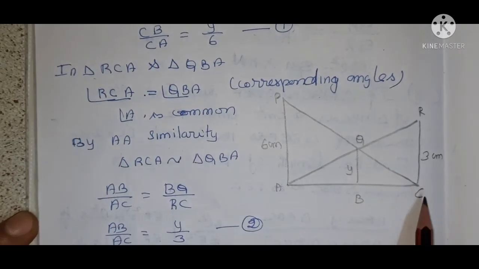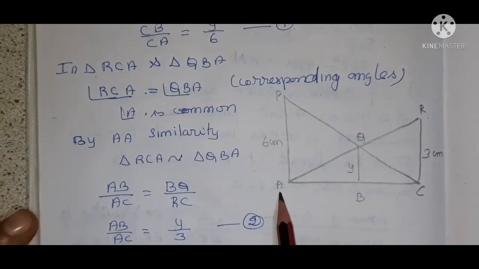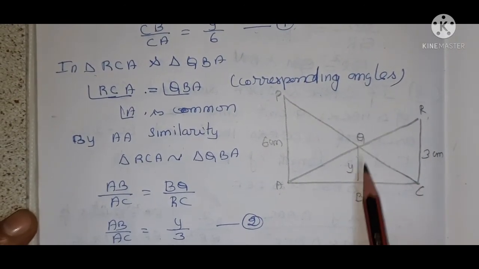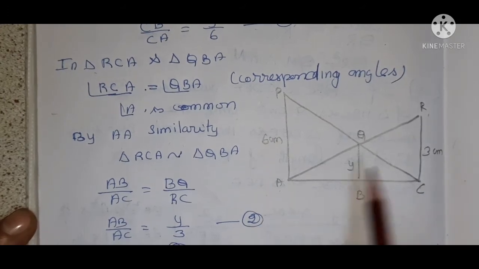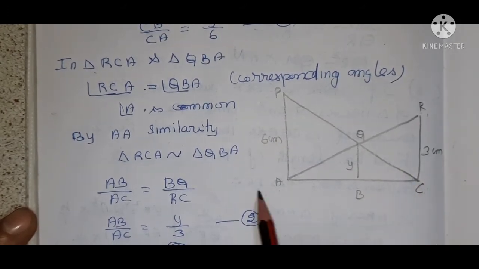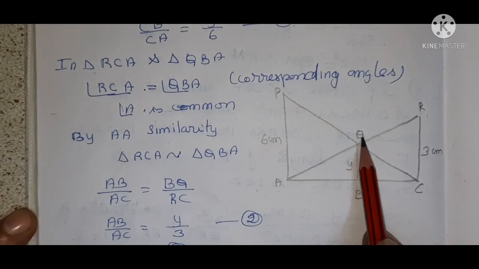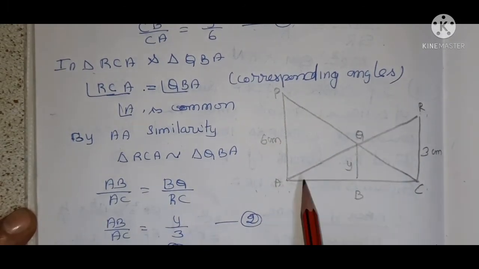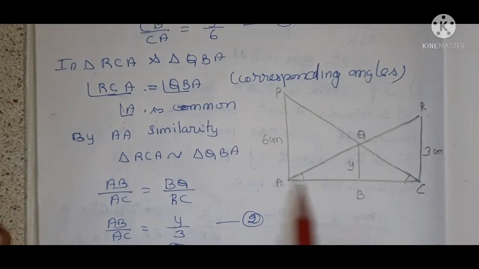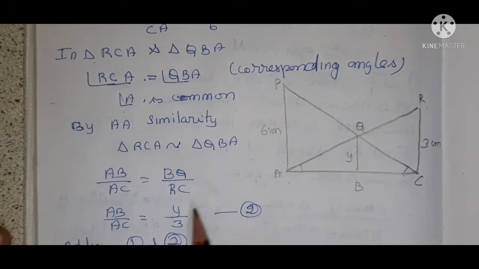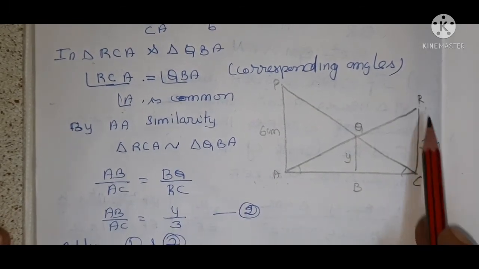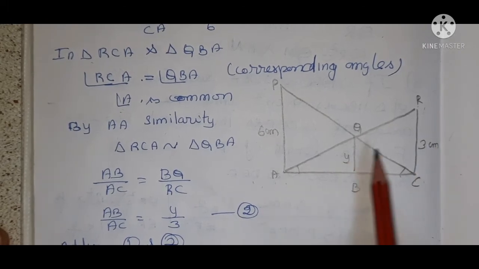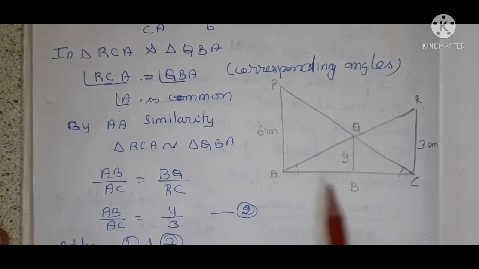In triangle RCA and triangle QBA, angle RCB is equal to angle QBA, corresponding angles. Angle A is common. By AA similarity, triangle RCA is similar to triangle QBA.